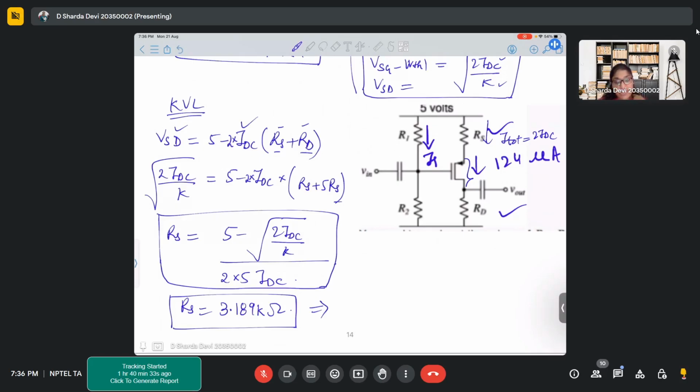That's why I didn't mention it there. When the current we are considering flowing through this particular path is 2 IDC, that same current is flowing through your resistors also. So whatever current we consider for VSD needs to be considered for these resistors also. So that 2 should be there.